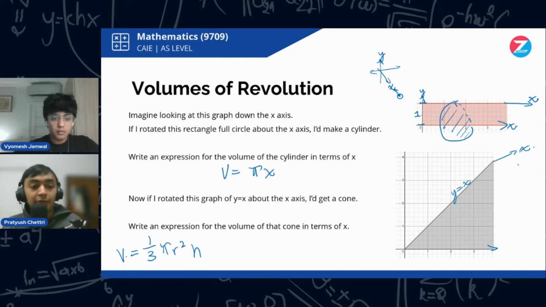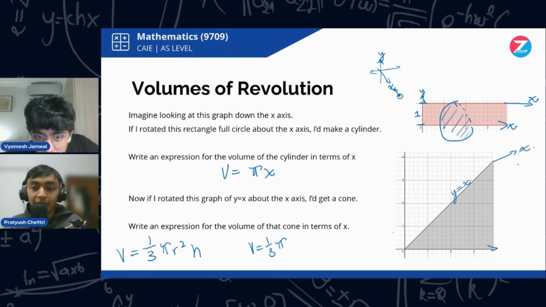So what our volume will be in this cone, volume will be 1 by 3 pi times the radius of the cone squared. The radius of the cone is actually y, because the radius is going to be y, and that's changing, but y is just x.